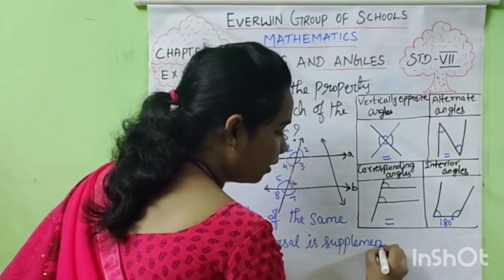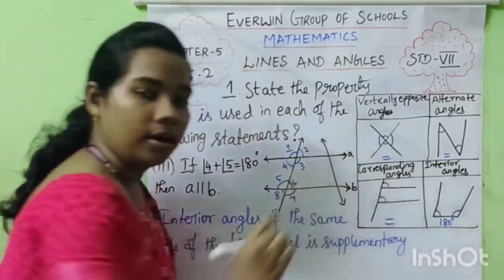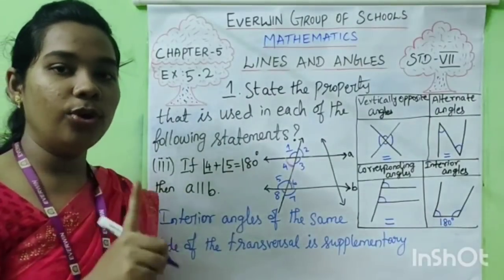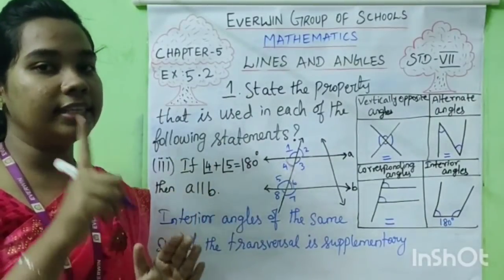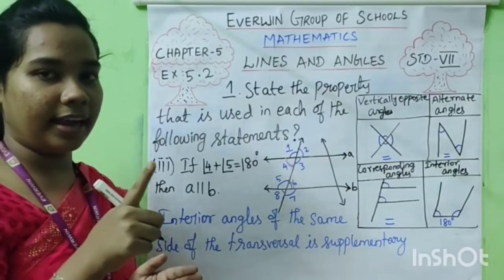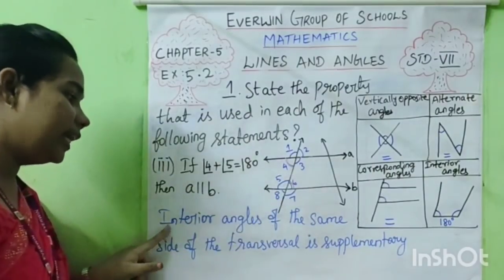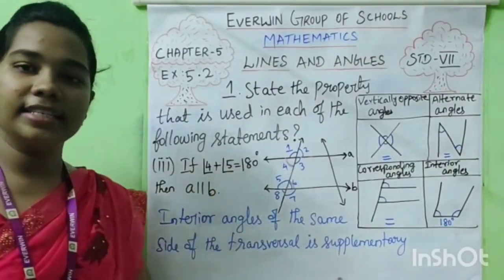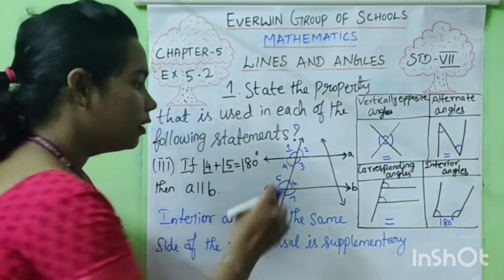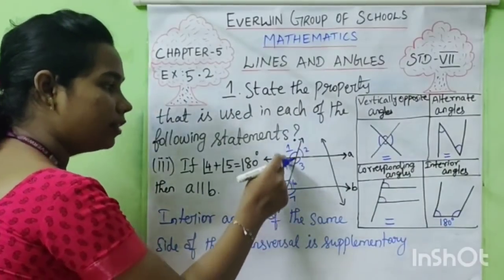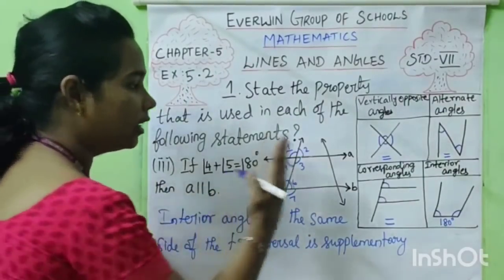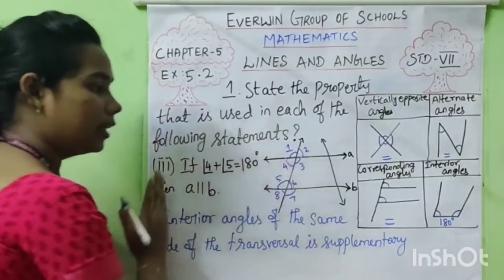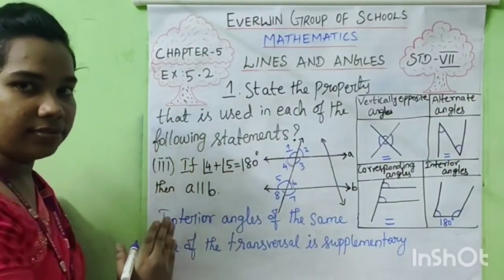What is supplementary? 180 degrees. If the sum of two angles is 180 degrees, that is supplementary angles, right? So that is what I told. Interior angles of the same side of the transversal is supplementary. Okay children. So this is interior angles. The sum of these two angles is 180 degrees. That is also there on the same side of the transversal.